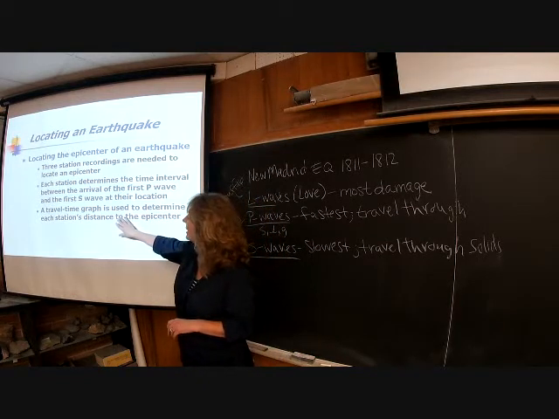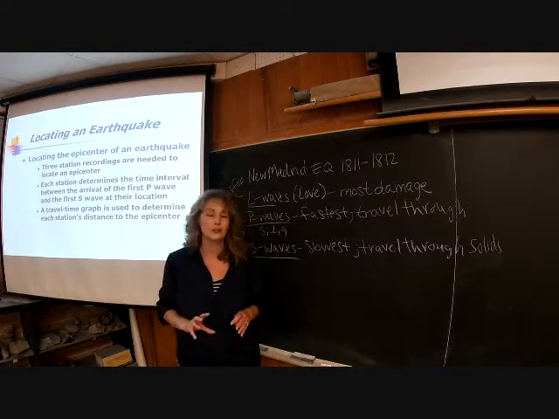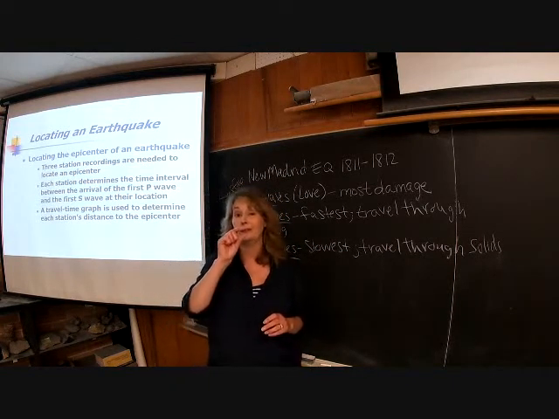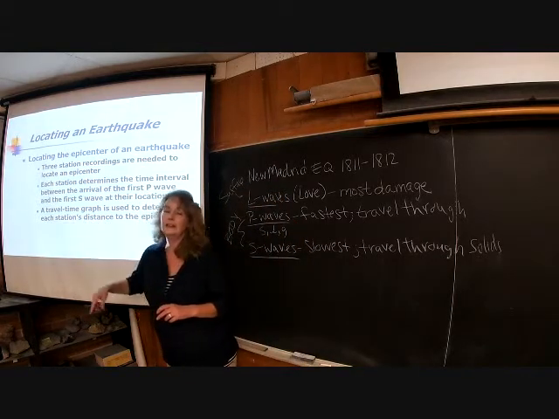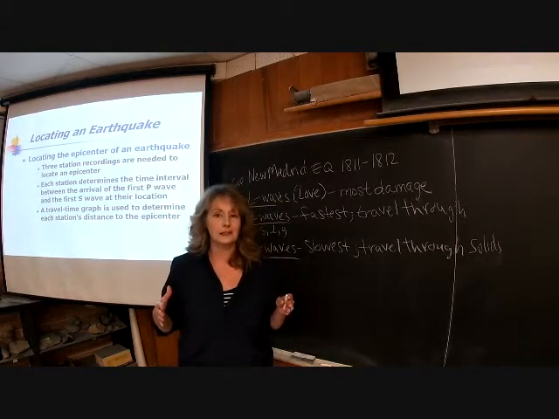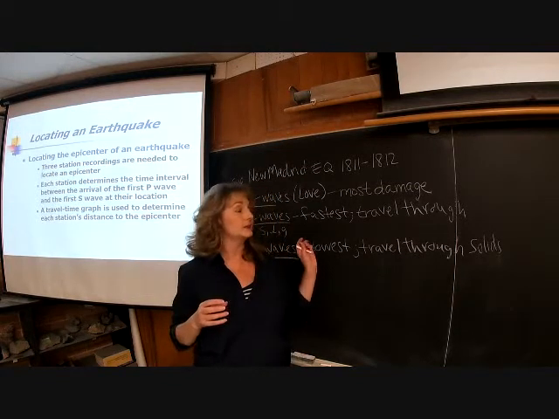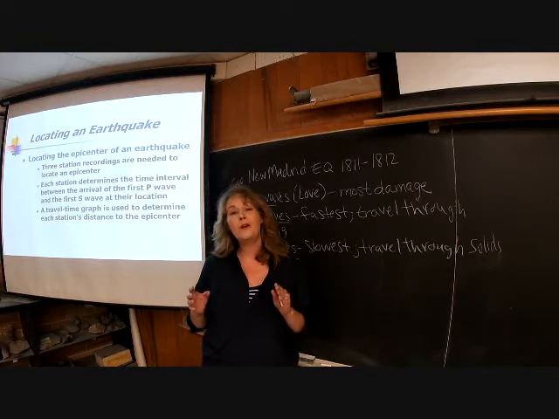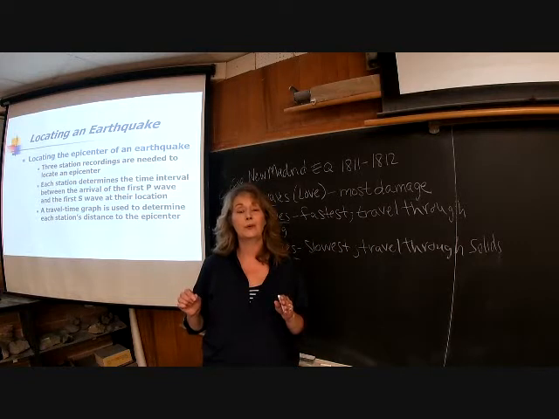A travel time graph is used to determine each station's distance to the epicenter. That little time interval gets translated into a distance. Just from that PS interval, it tells us how far away the epicenter of the earthquake is from our seismographic station.